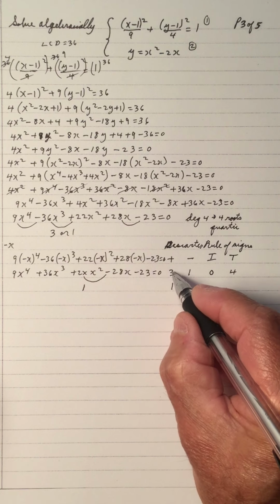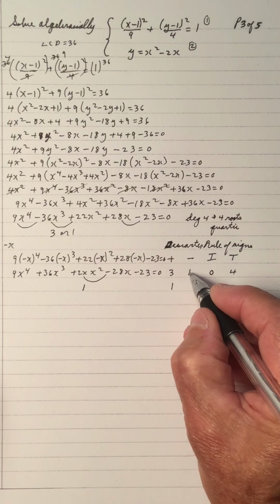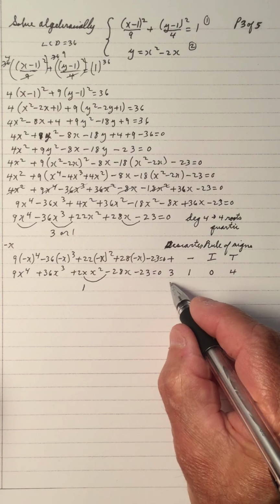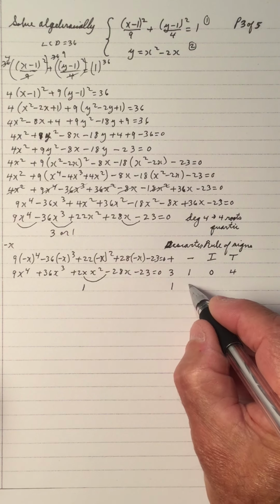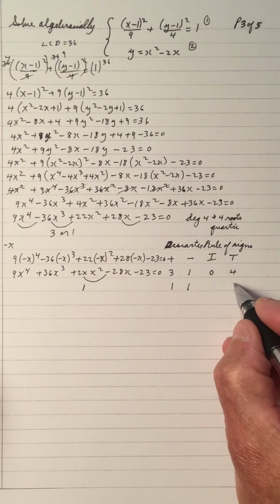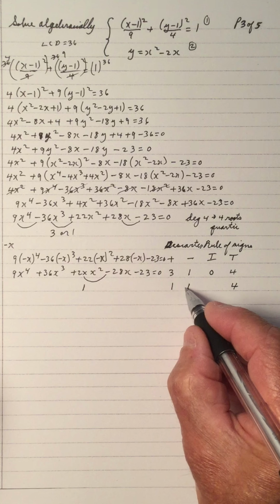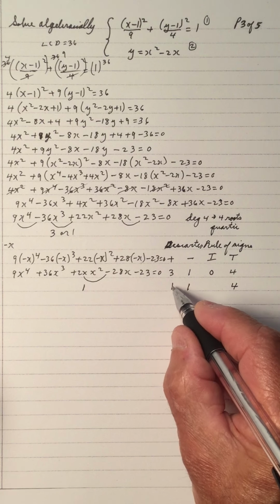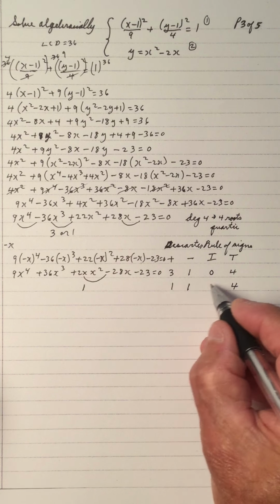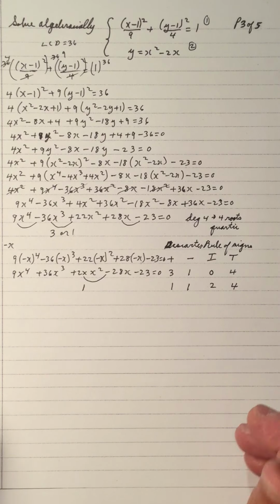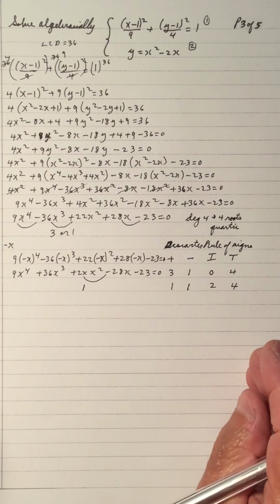So there's 3 positive real roots and 1 negative real root. If we have 1 positive and 1 negative, that's 2 real roots, so there must be 2 imaginary roots. So I know I have 1 negative for sure.